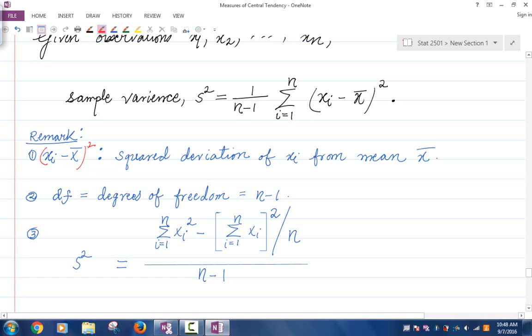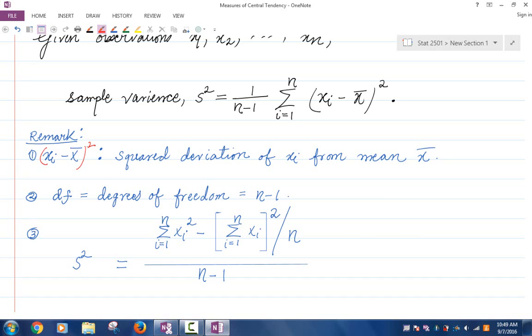The sample variance can also be written with some algebraic manipulation, which I'm not going to show you. If you are interested, you can do it yourself. Maybe it's a good homework, or a good quiz, to show that the first equation for the sample variance is the same as what I have in my remark number 3. So the sample variance is also the summation of xi squared minus the summation of xi, whole squared, divided by n, all divided by n-1.